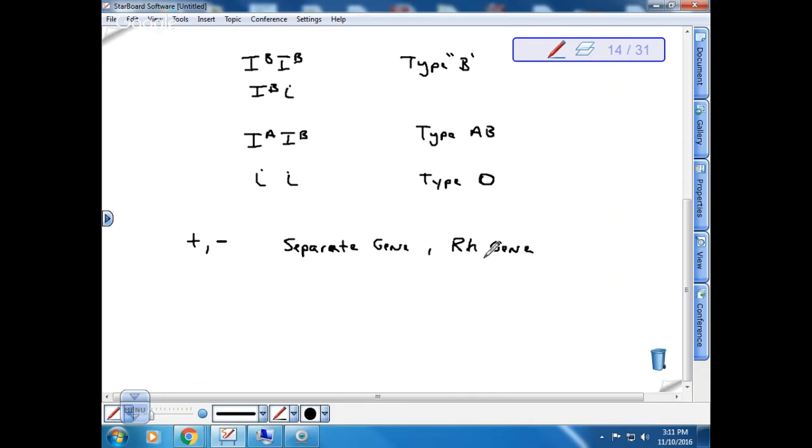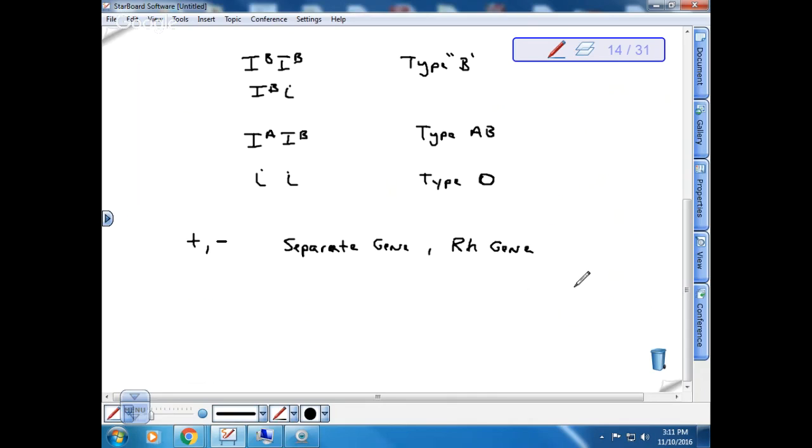So you might have heard of Rh factors, right? So the Rh gene, it actually was first discovered in rhesus monkeys. And we also have it, and it's particularly important when a female is pregnant, because if she doesn't have the Rh protein, then she could produce antibodies that are going to attack the fetus, okay?